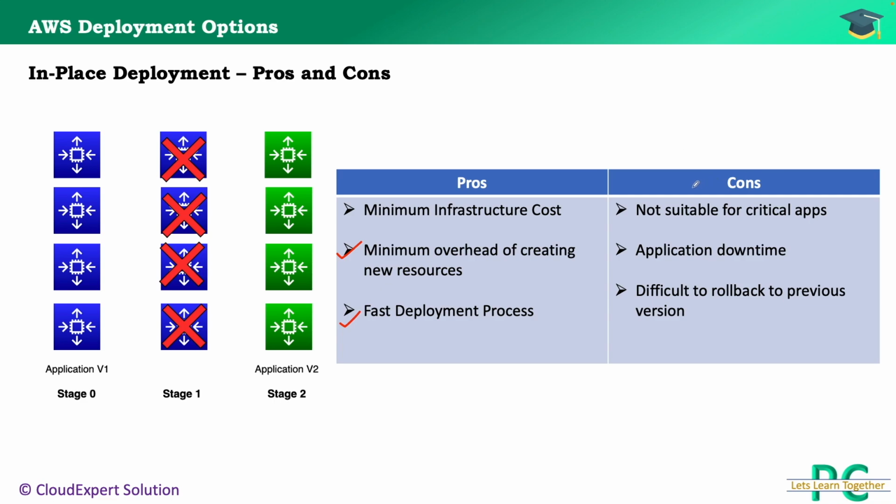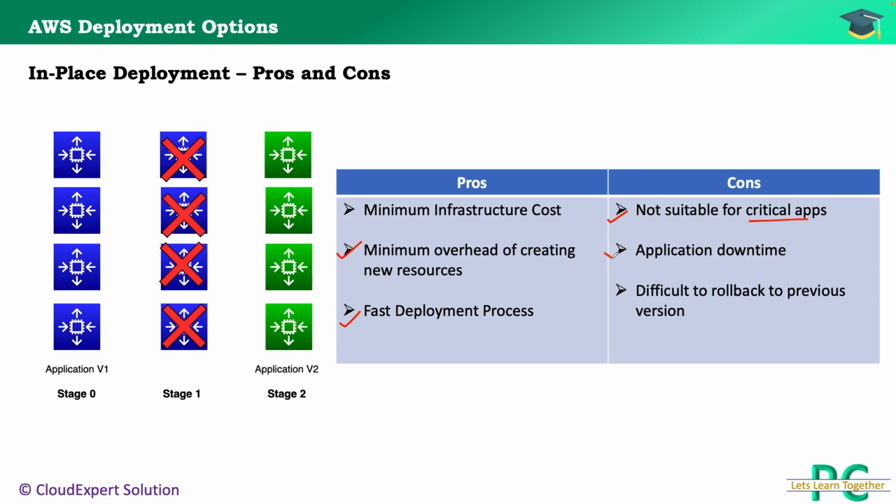Coming back to the cons, as there will be a brief outage of your application, it is not suitable for any critical app. If your application cannot sustain downtime, then this strategy is not for you.